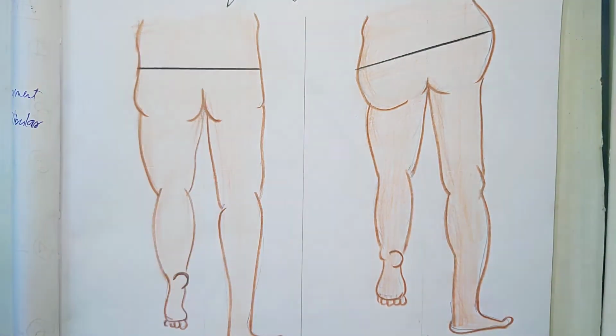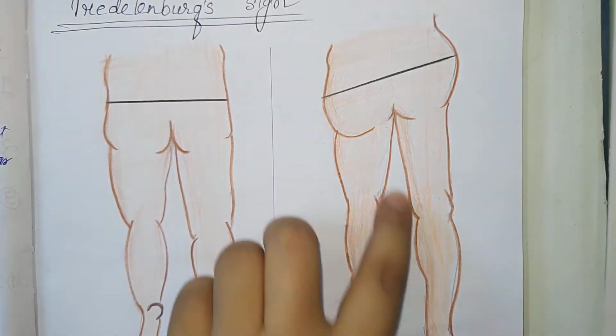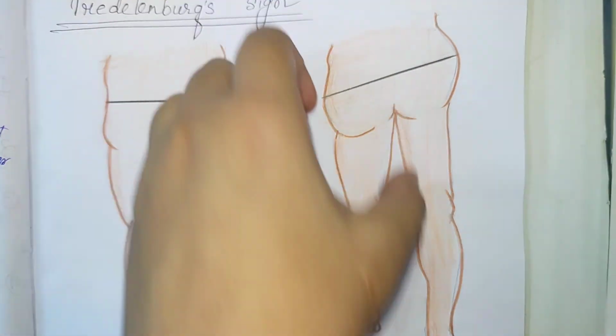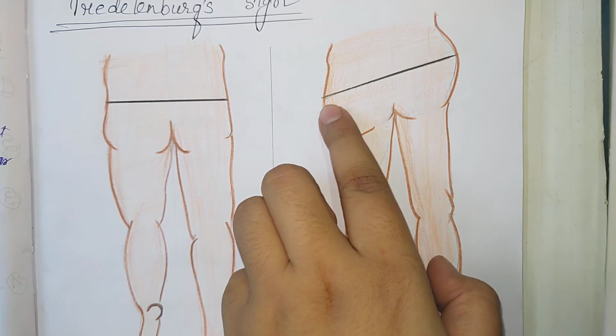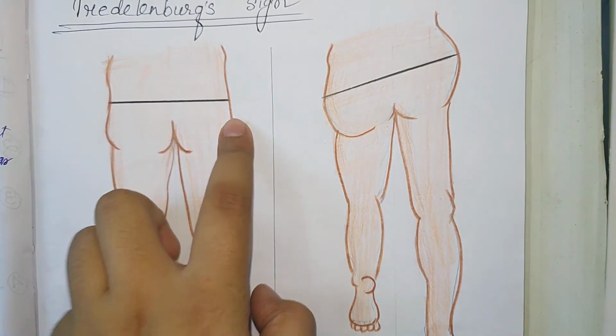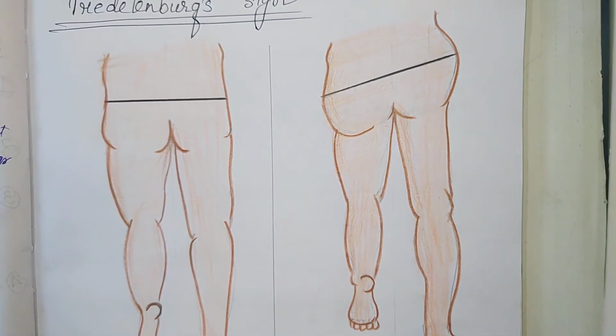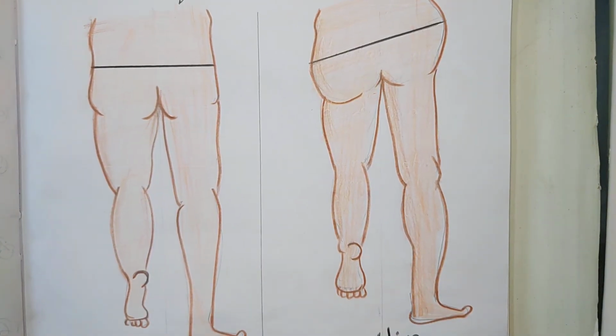So it drops, and this is what Trendelenburg sign is. And as you can see, this is no more perpendicular. The long axis and the plane is now like this. It's no more horizontal. Okay, so it's not perpendicular anymore. This is what Trendelenburg sign is.